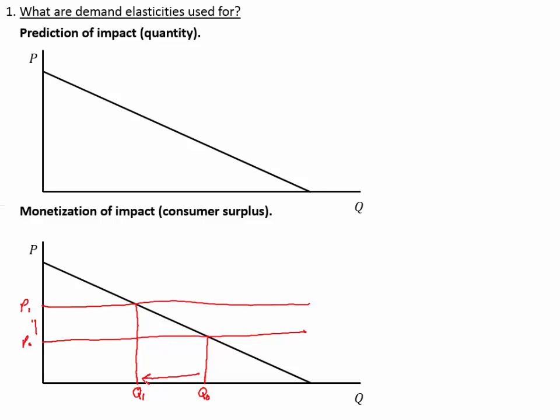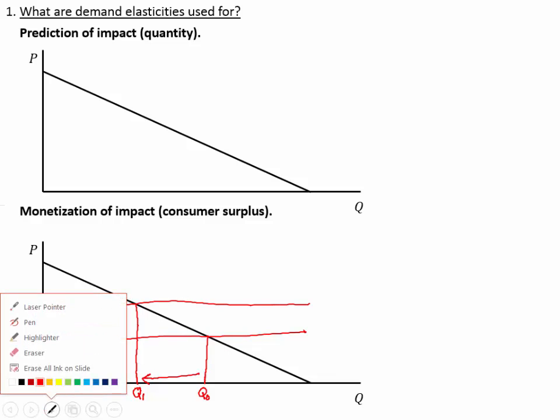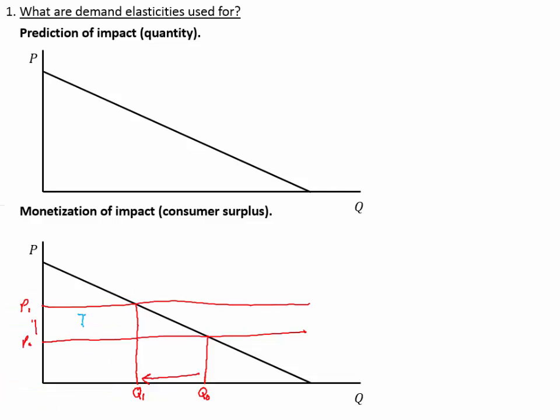The answer will be that it'll be a combination of two areas on the diagram. We'll call this one Area 1 and this one Area 2. The change in consumer surplus is the sum of both of those areas. That is the amount of consumer surplus that is being lost.